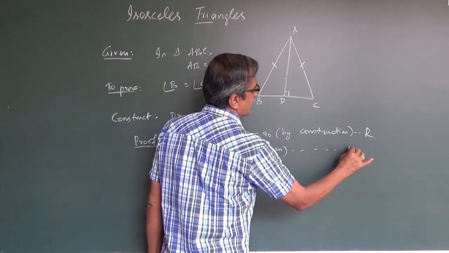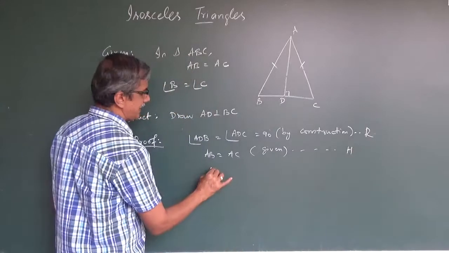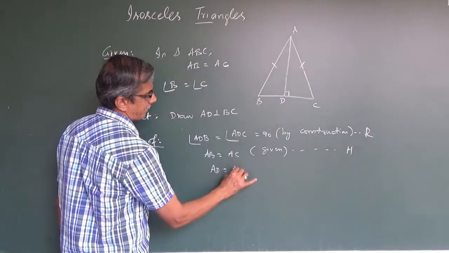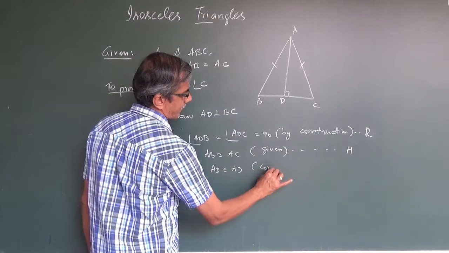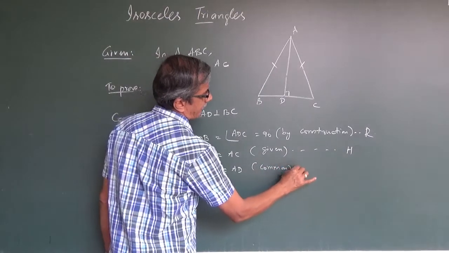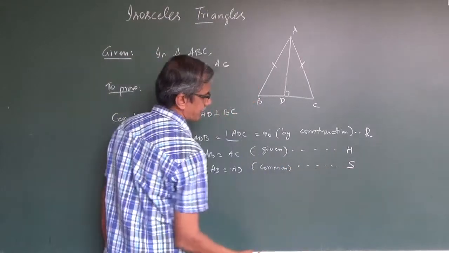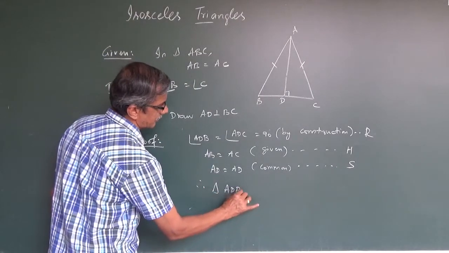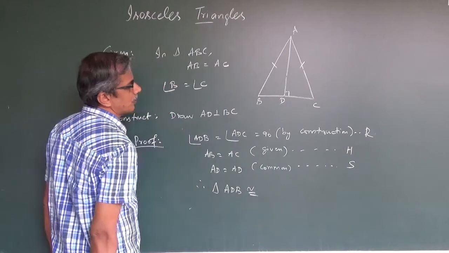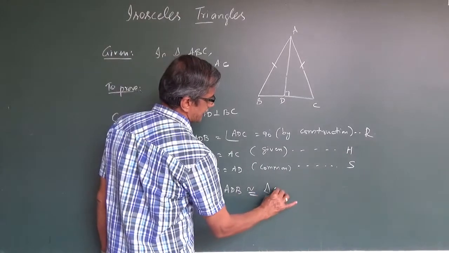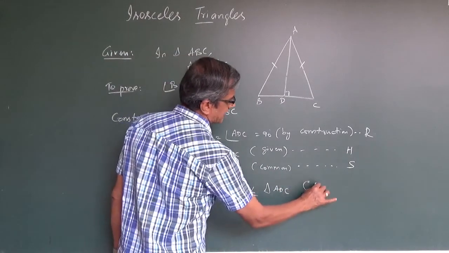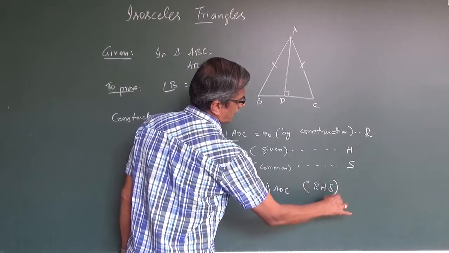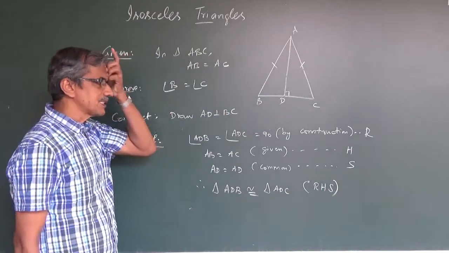This is H. And then AD is common. This is S. Therefore, triangle ADB is congruent to triangle ADC by RHS congruency.